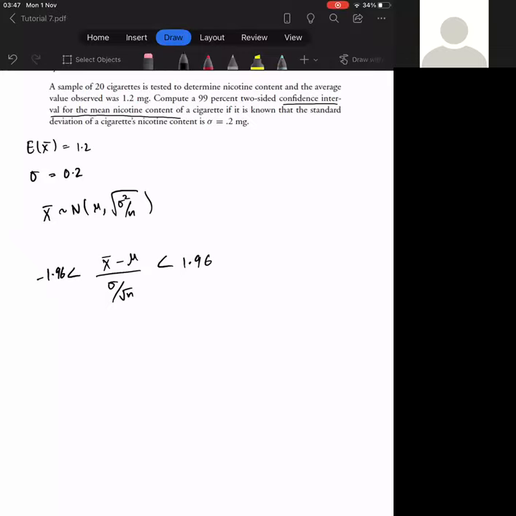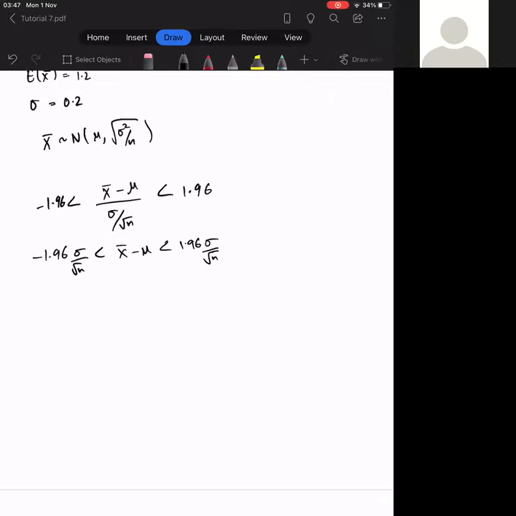We multiply on both sides by sigma over under root n, and then we subtract x bar.